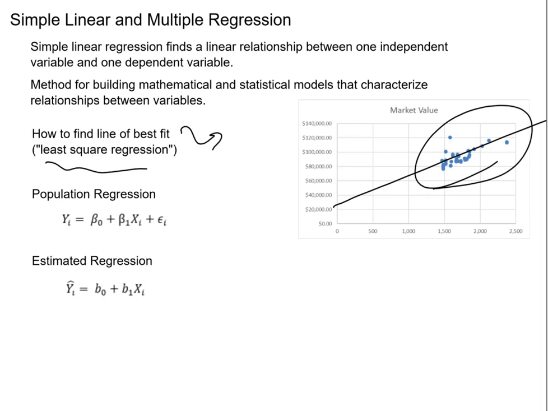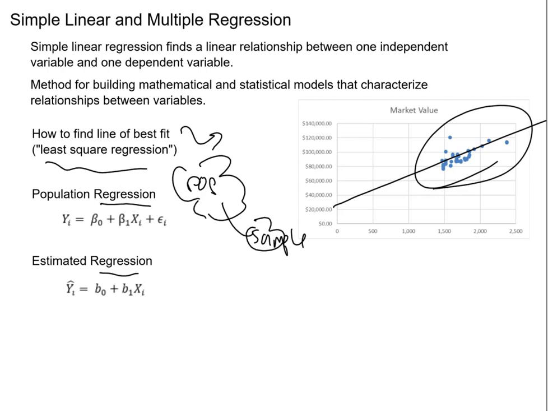We want to mention two different types of regression, though, right? And so this gets back to the idea of, do you remember the difference between a population and a sample, right? And we had some different notation for those two. When we were talking about the population mean, we were talking about mu, and oftentimes we're not really going to ever be able to observe the population average, but rather what we can do is pull out a sample from that population, and we can calculate an x-bar from that sample.